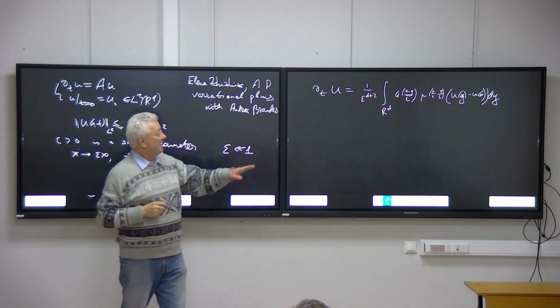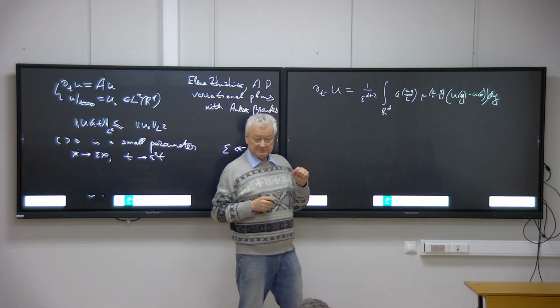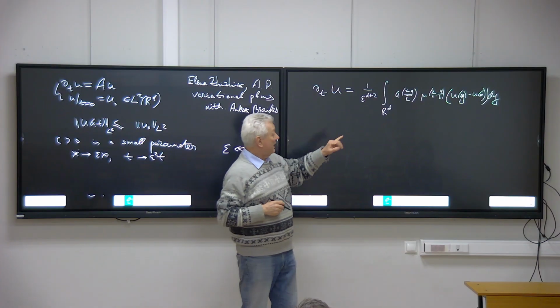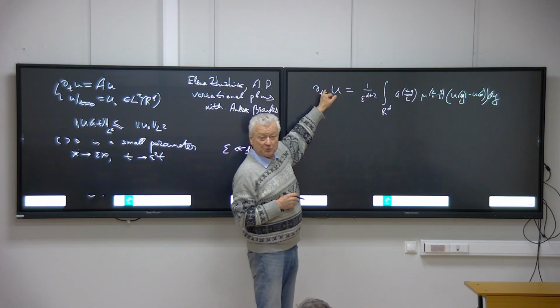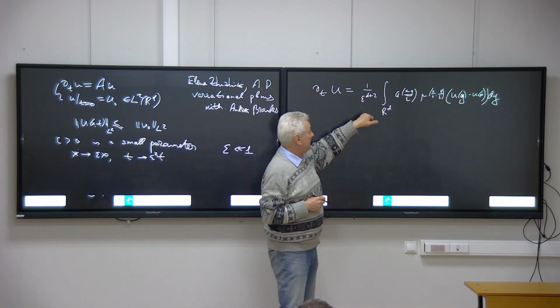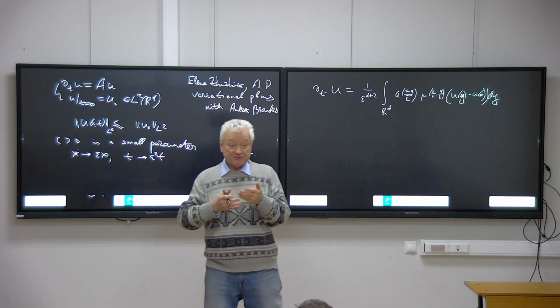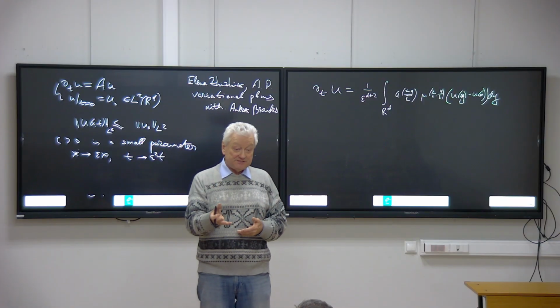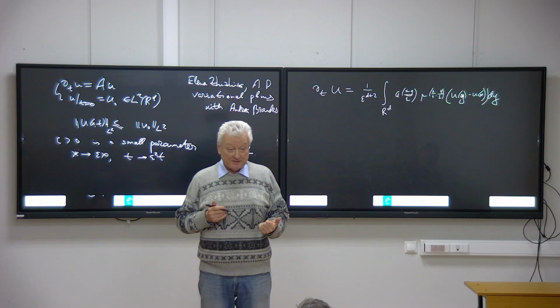You can ask, why do we have this strange power of epsilon? Well, 2 is coming from the scaling of time. Epsilon squared appears in front of time, and we divide by it. And d is just the Jacobian. When we change variables in d-dimensional space, replacing dy with d epsilon y, we obtain 1 over epsilon to the power d.